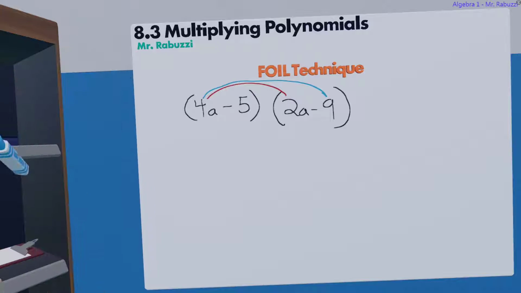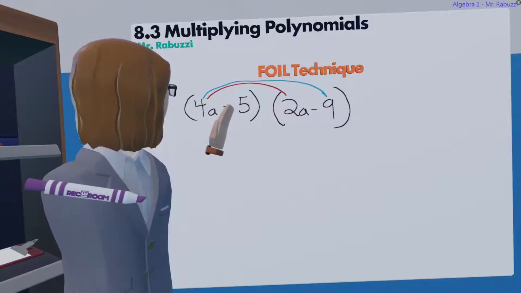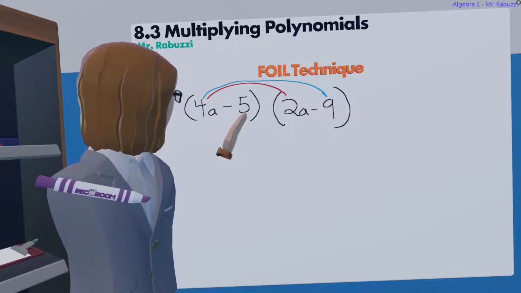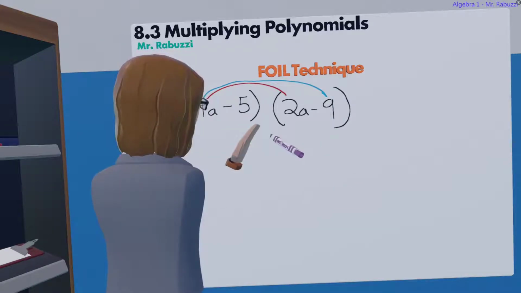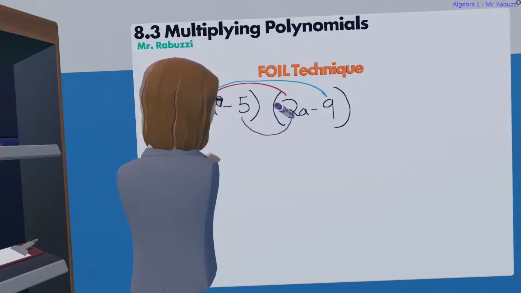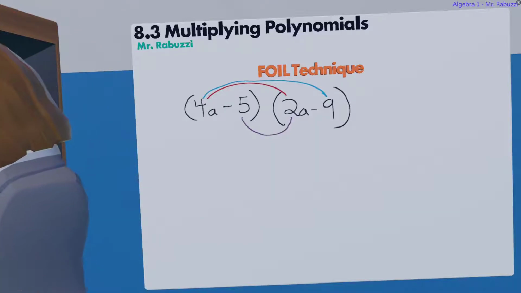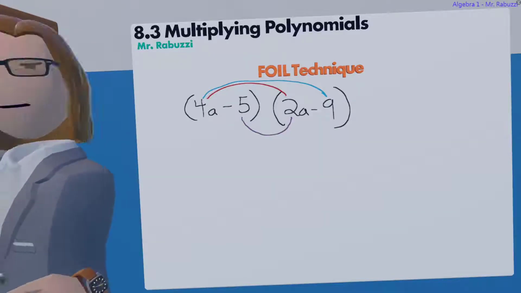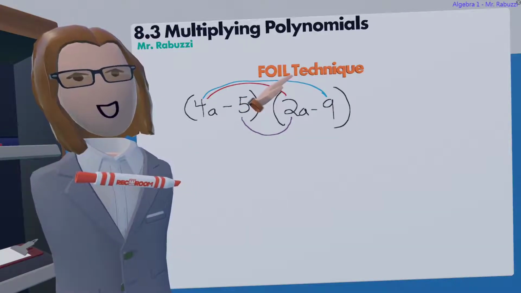Okay. Let's go with purple. Okay. Now we go to I. Inside. This negative 5 is inside. Right in the middle here. Inside. So this is an inside piece. And this is an inside term. Those are going to multiply together. And finally, the orange is for the L, which is last.